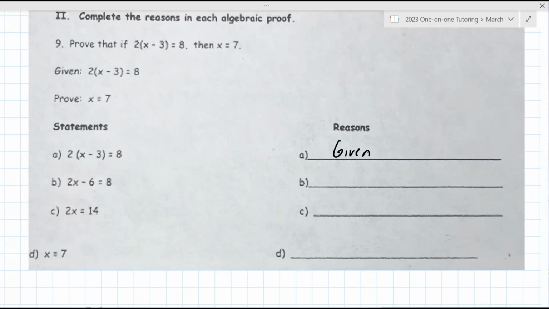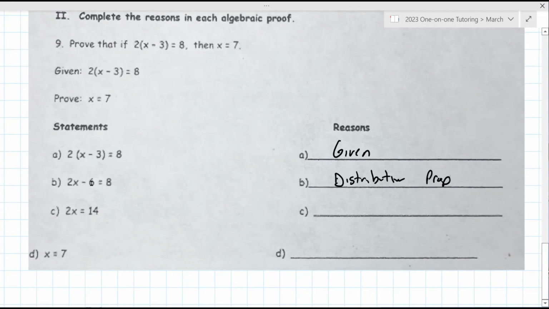Now, what are they doing to go from A to B? What is going on where you're going from A to B? What do you see? Multiplying, or they're distributing. Yes. Even though it's multiplying, it's called the distributive property. All right, and then from B to C, you can see there's no more -6.